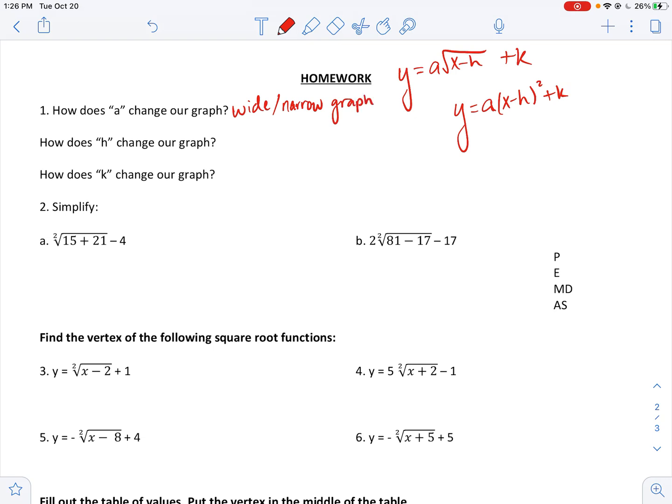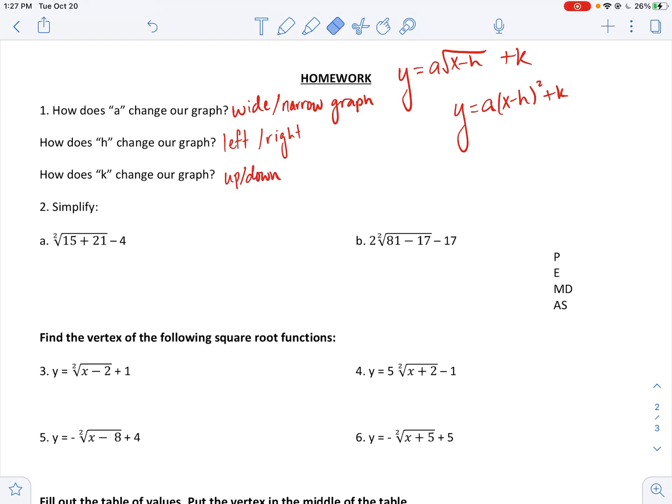This time it's going to be like a tall graph. You know, is it stretched vertically or is it stretched horizontally? H, if you remember, that was our horizontal or left and right change. K was up and down.